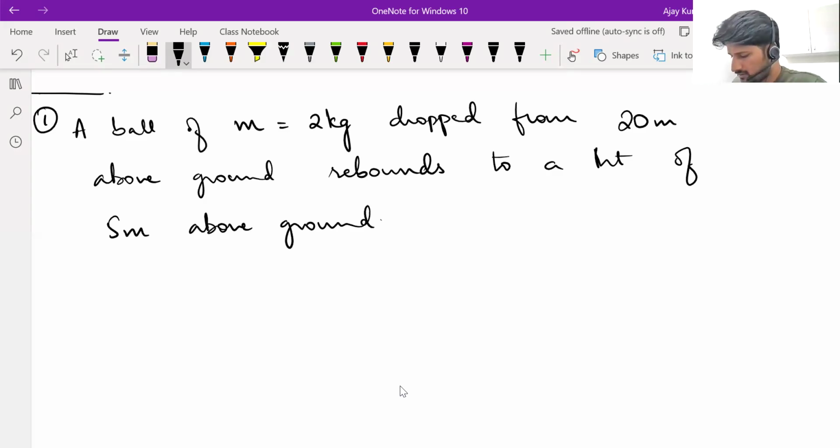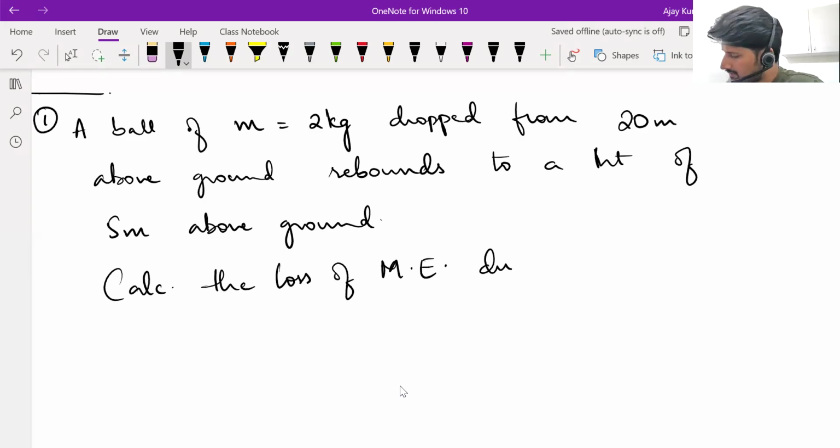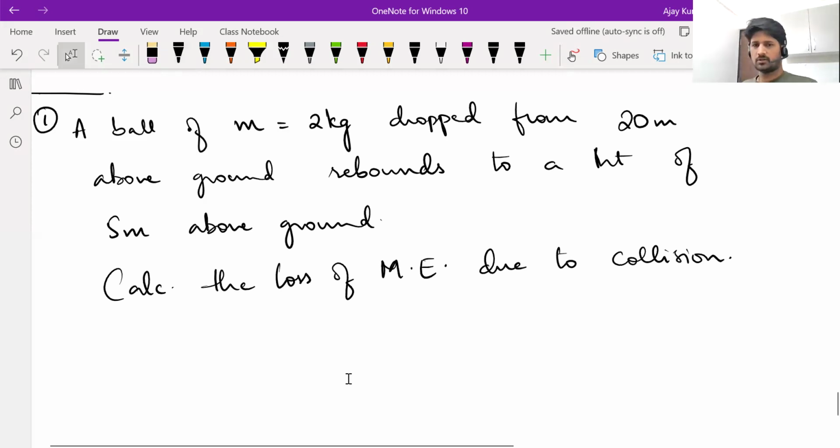Okay. Calculate the loss of mechanical energy due to collision. Okay, a ball dropped from 20 meters is only able to bounce back to 5 meters. Calculate the amount of mechanical energy lost due to the collision.